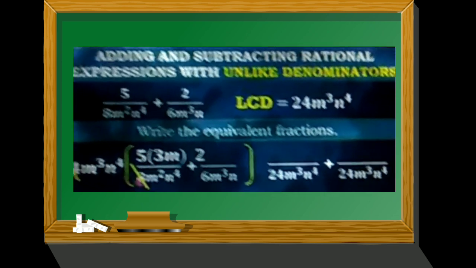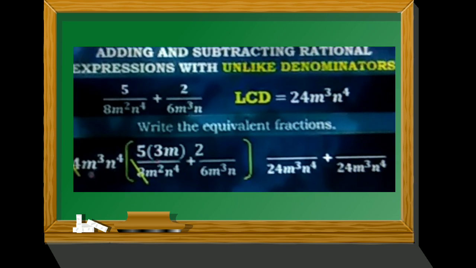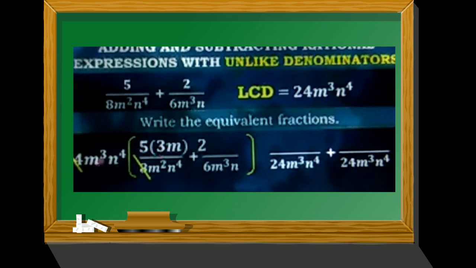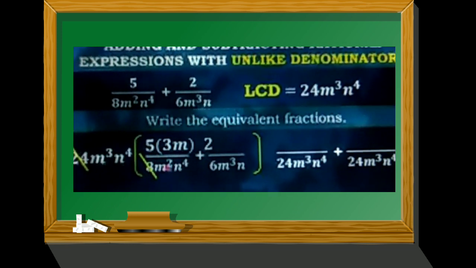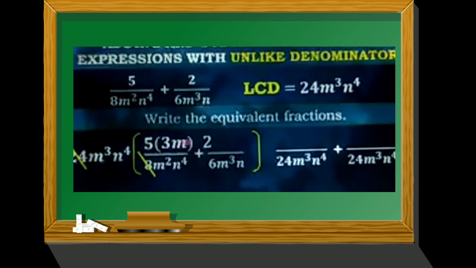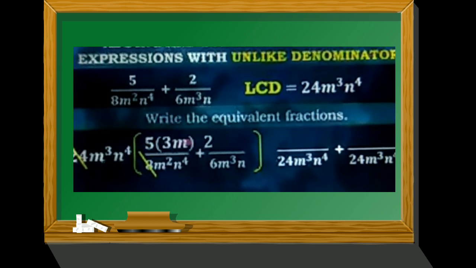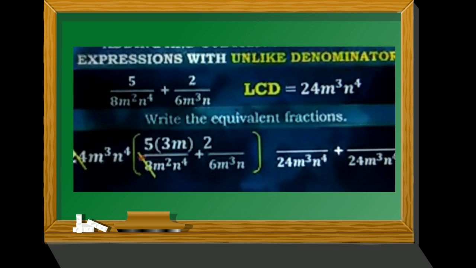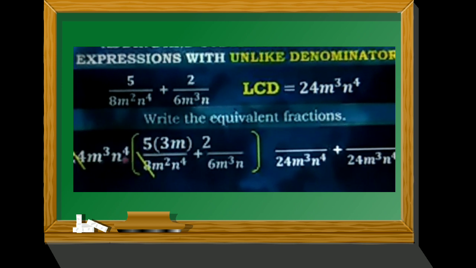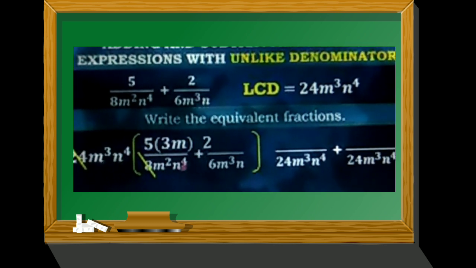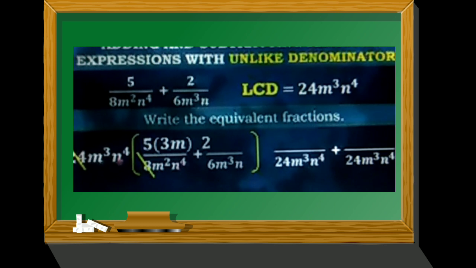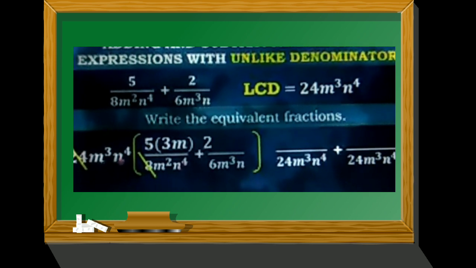Since the exponent is 1, we don't need to put it. We have 4 minus 4, so we will have n raised to 0. Let us keep in mind that if the exponent is 0, that is always equal to 1, so we cannot put it there, it is okay.